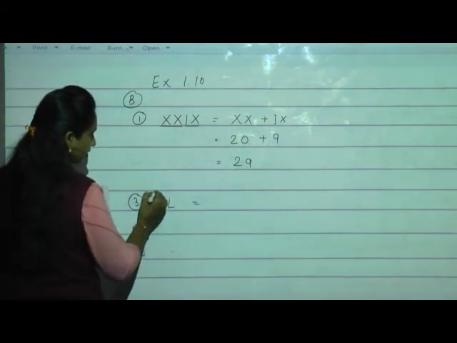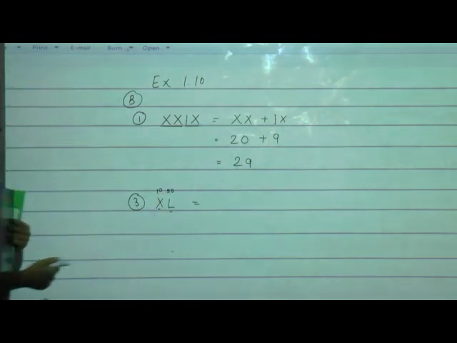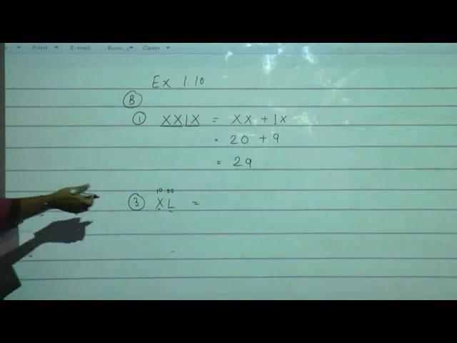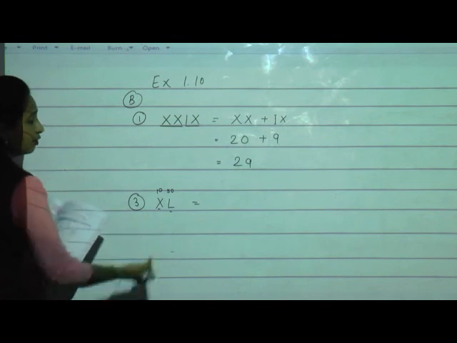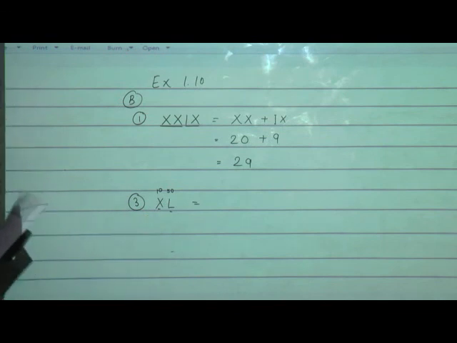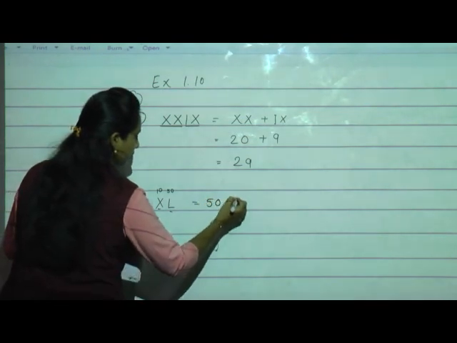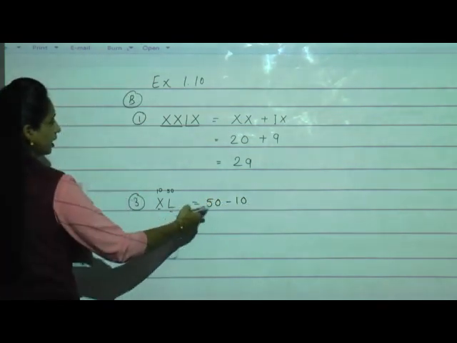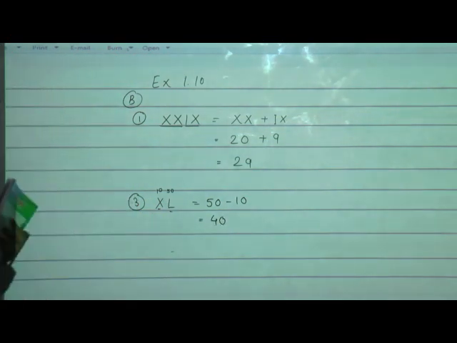Now see, X represents 10, L represents 50. The smaller number is written to the left side of the greater value, so we subtract. When we subtract 50 minus 10, we get 40. So XL represents 40.